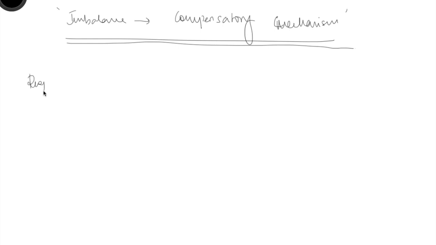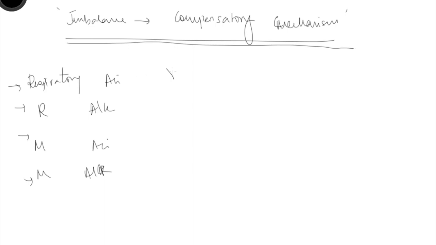I think this is basics everybody knows. You could have respiratory acidosis, respiratory alkalosis, or you can have a metabolic acidosis, or you can have a metabolic alkalosis. So these are the 4 possible acid-base imbalances that can occur in the body.